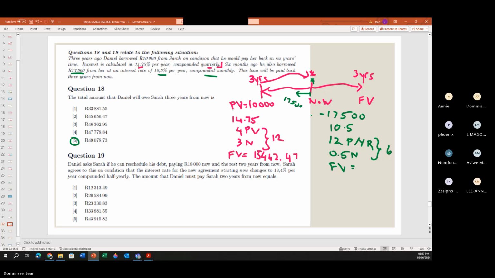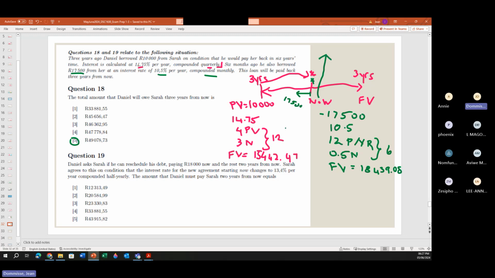And then the future value that I am getting from this one is 18,439.08. Okay, so my value at point now is those two added together.